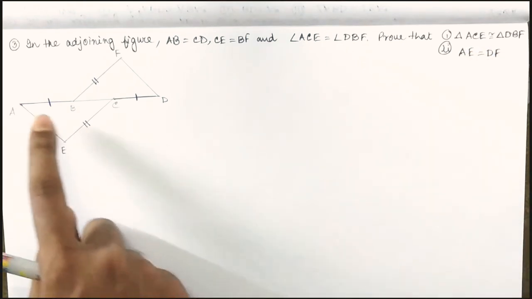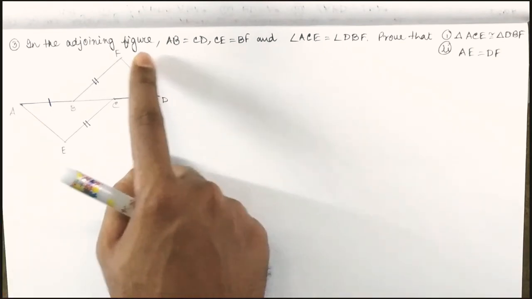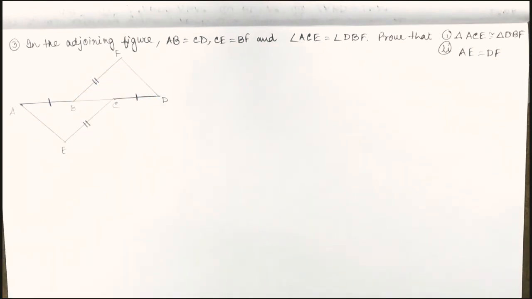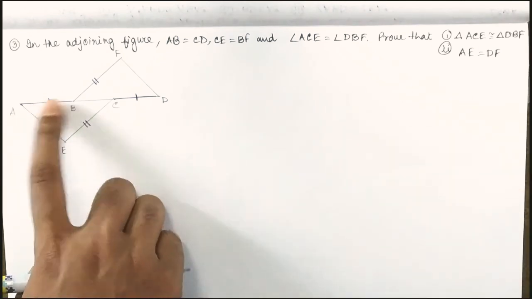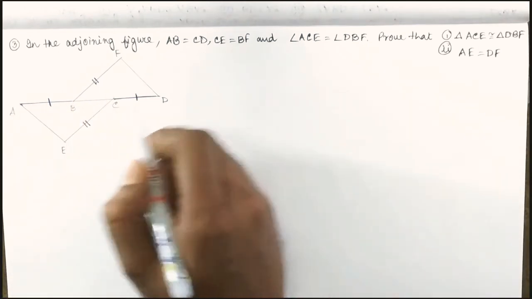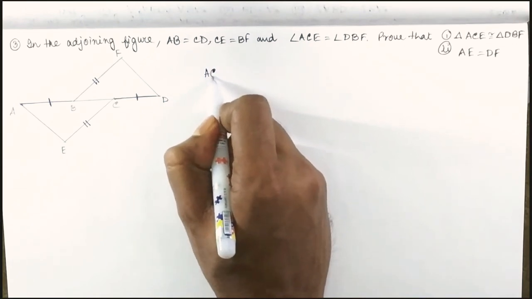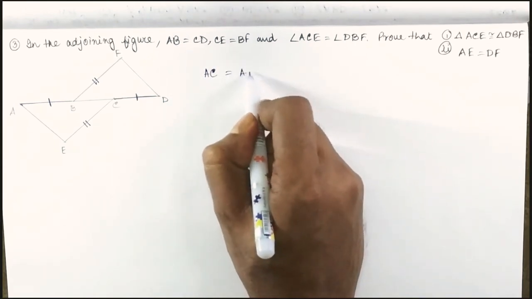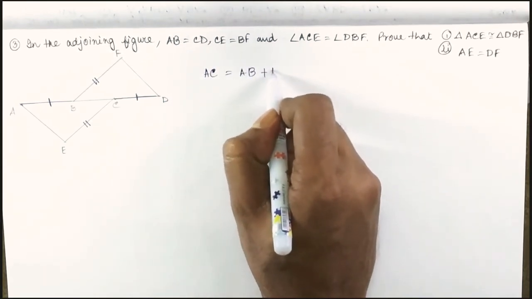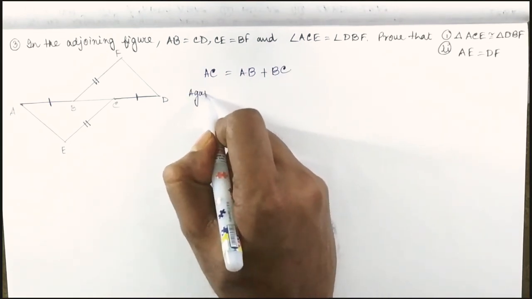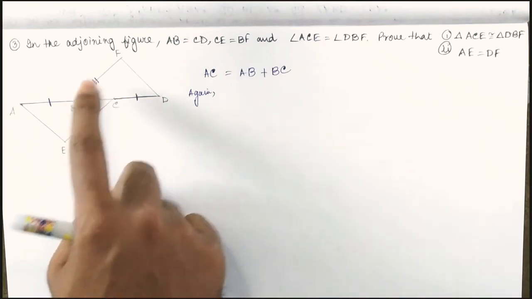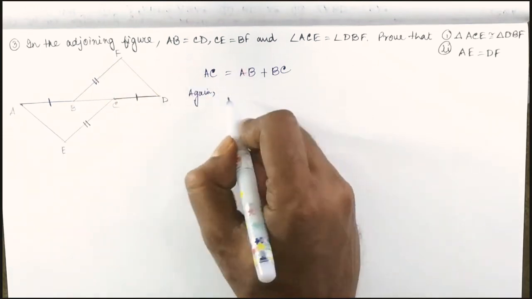Now all of you closely follow triangle ACE and triangle DBF. Now see, in triangle ACE, first let us see this side AC. Now what is this side AC made up of? This side AC is made up of AB plus BC. Again, see, in the other triangle, in triangle BFD, what is this side BD made up of?